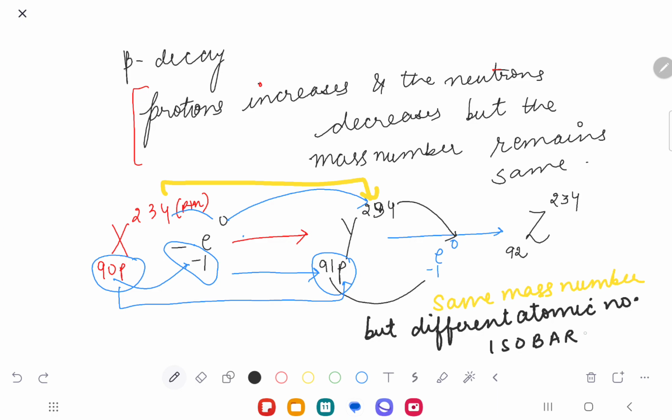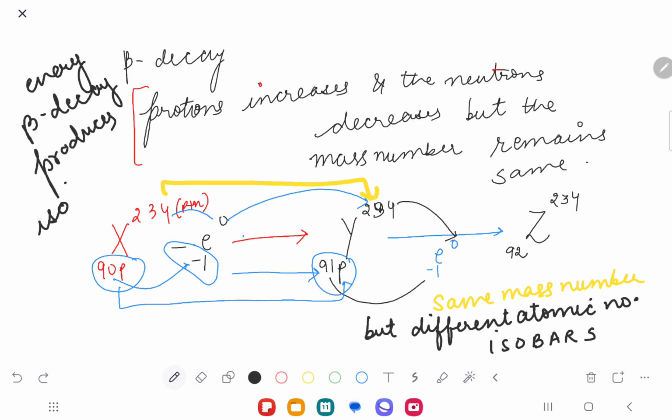So I would say every beta decay produces an isobar. Every beta decay produces isobars. Are you understanding my point? So when we are talking about the beta decay, just understand that beta decay produces isobars.